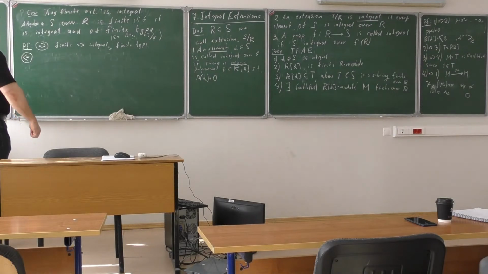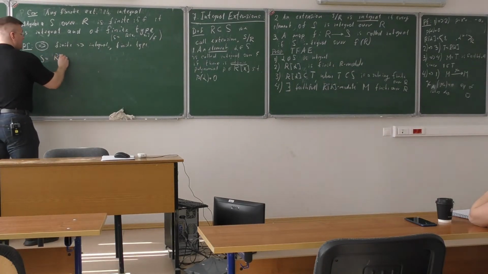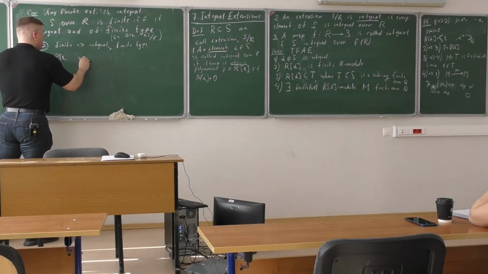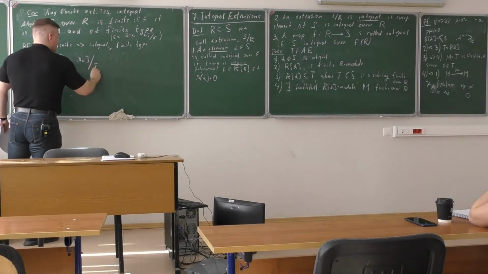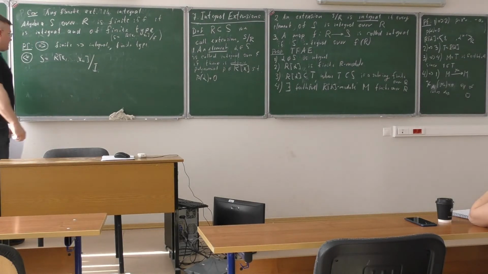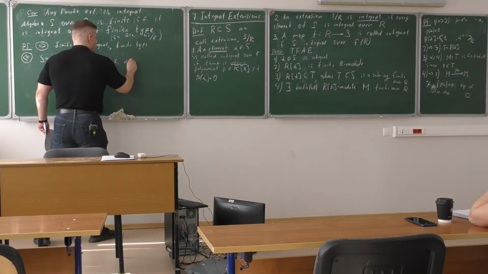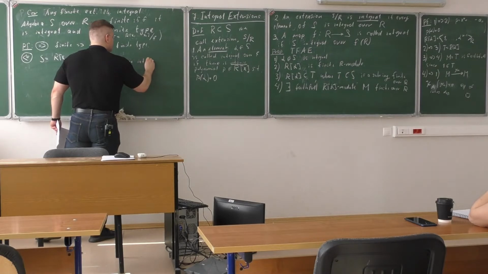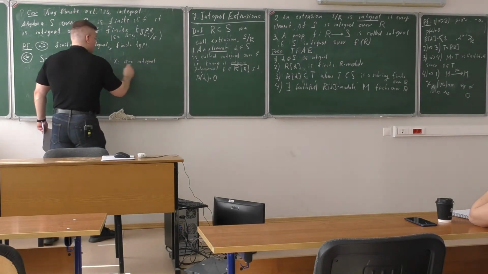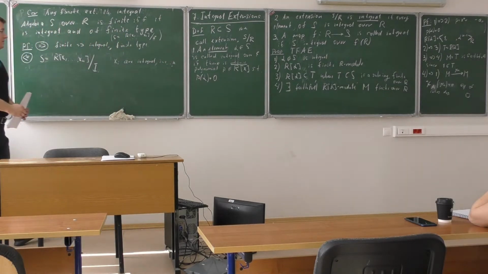Now let's do the other direction. So now I know that S is given to me as the quotient of a polynomial ring on several generators modulo some relations. And I know, for example, that all the x_i are integral, for i between 1 and n.